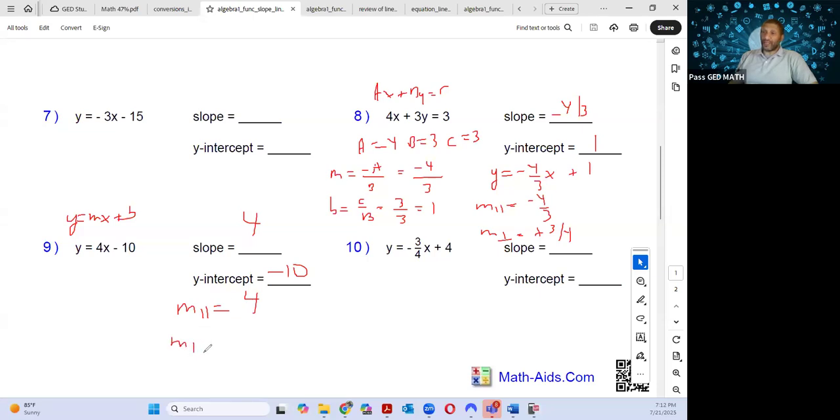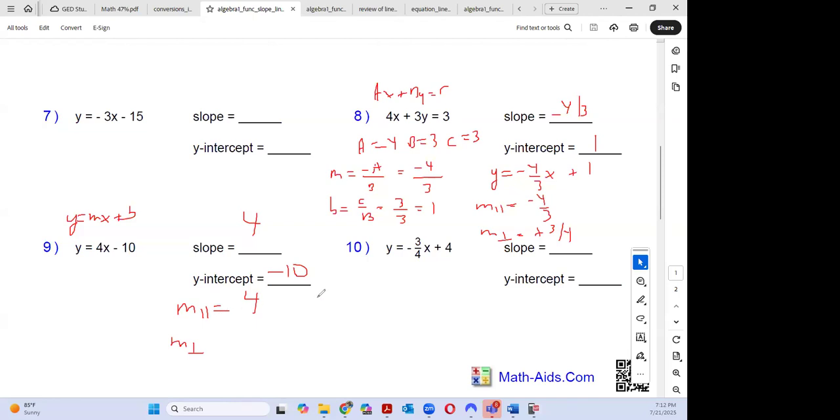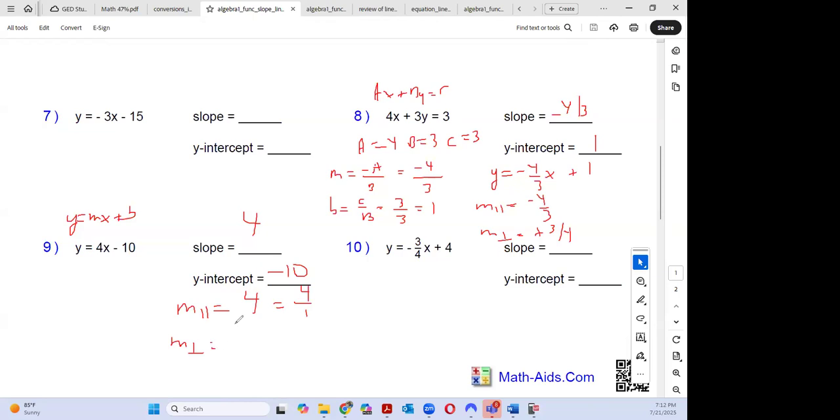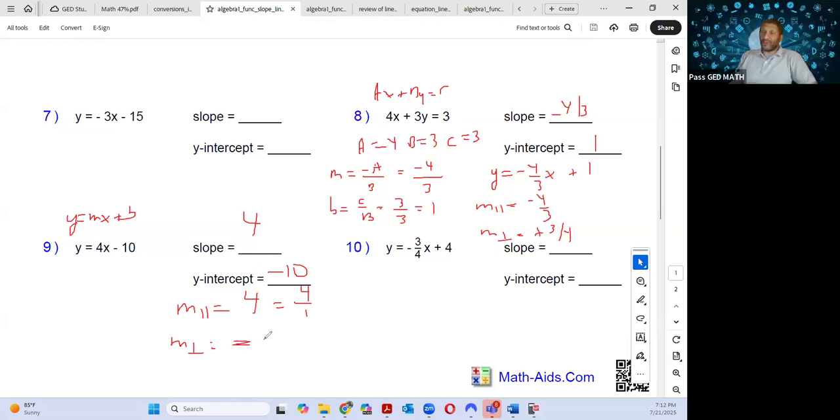For the slope of any perpendicular line, I got to change the sign and flip. How do I flip 4? You got to remember to change any whole number to an improper fraction by putting it over 1. Change my sign to negative, flip it, 1 over 4. -1/4.